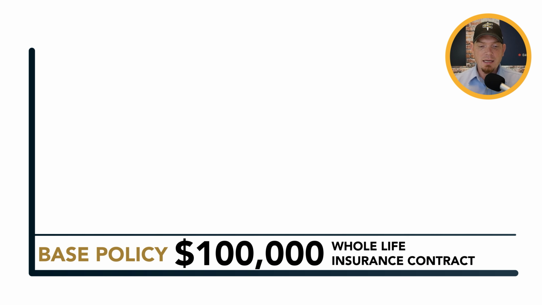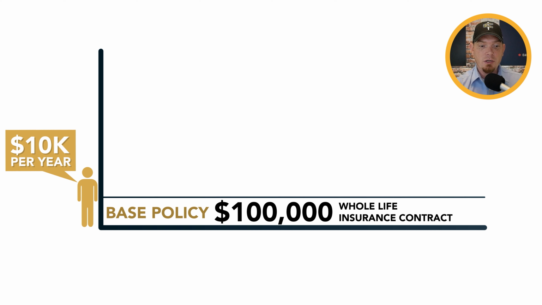The next thing that happens is, of course, we need to have a premium that goes with this. So for the purpose of our example, we're going to assume that the owner of this contract said, hey, I want to contribute $10,000 a year into my personal banking system using a whole life insurance policy. So that is the premium that the owner decided they wanted to contribute. And based on their age, they get $100,000 of whole life for that amount, just to keep our numbers very simple.